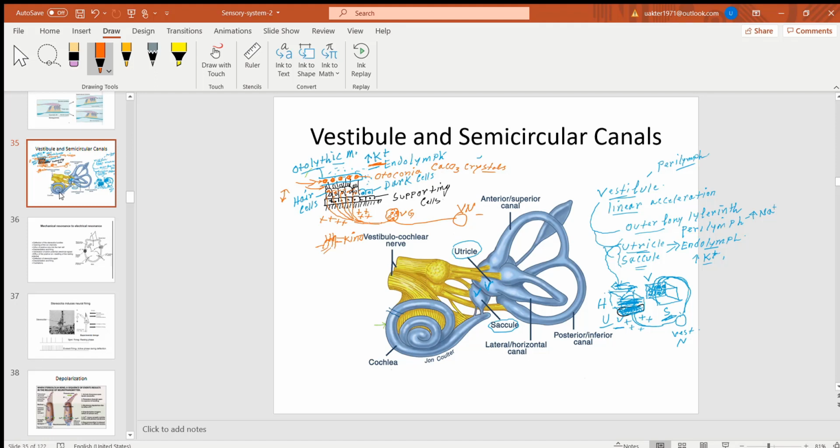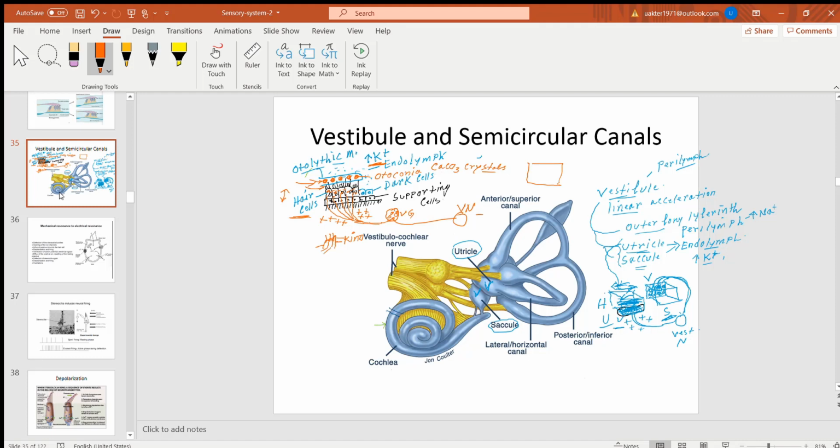Now one thing that is very interesting and important is that I am showing one side's utricle, right? But you have two ears. So on the other side, what will happen? The hair will move in the opposite direction. Makes sense?